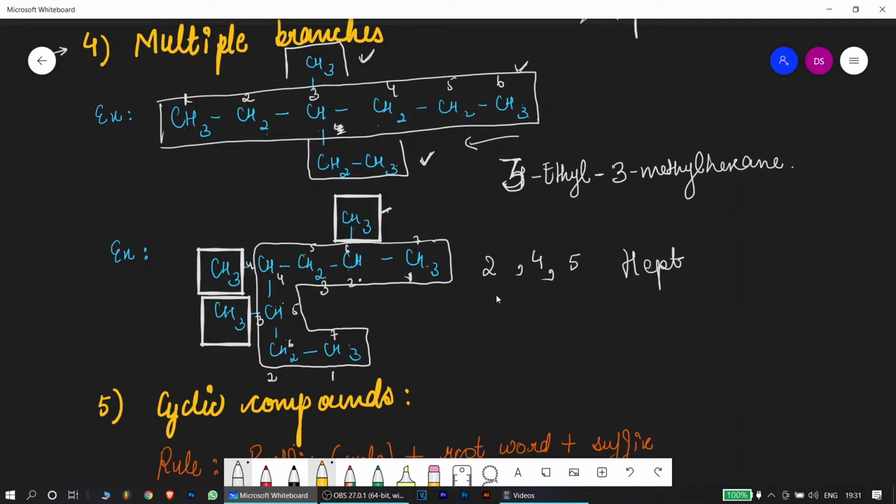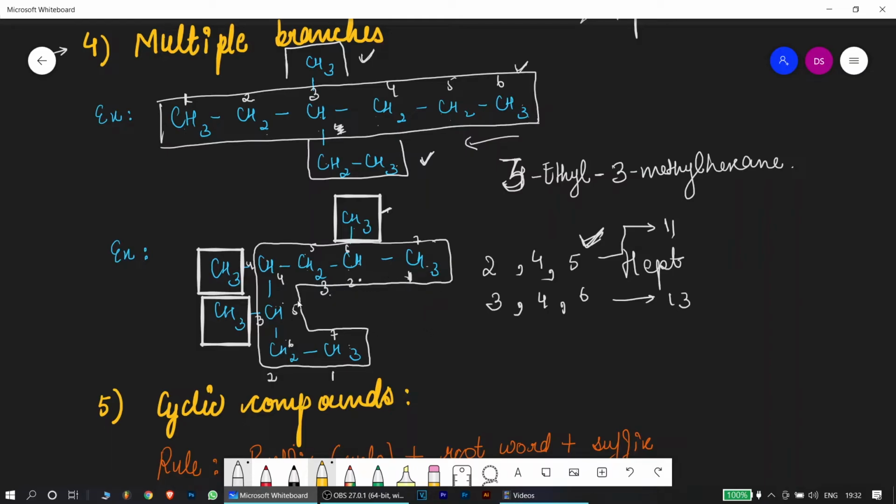Then the first one gets 3. Then the other one gets 4 and then gets 6. So clearly this one is the preferred one because the sum will be lower. So this is going to be 11 and this is going to be 13, right? So we will use the first numbering system.